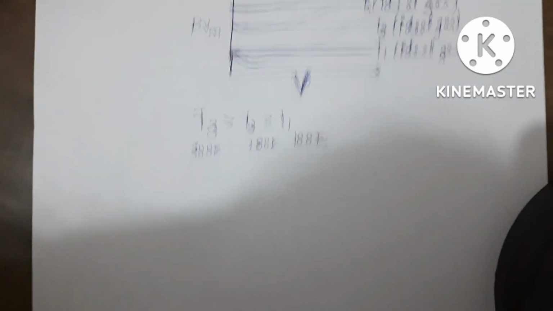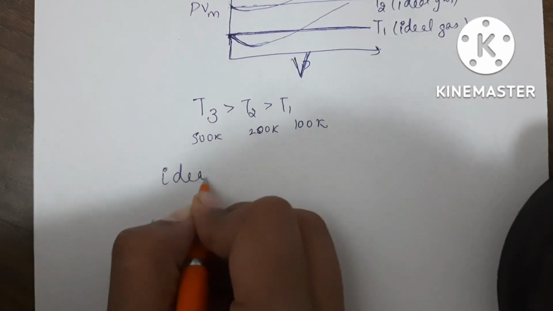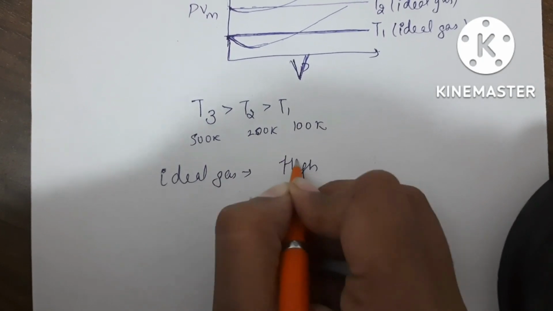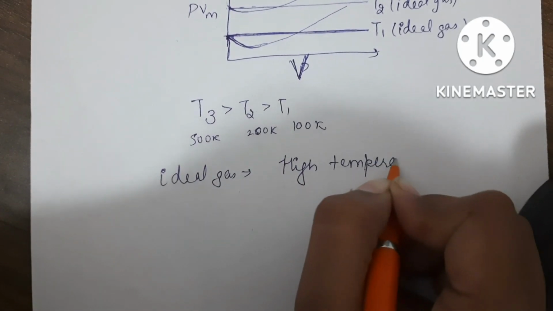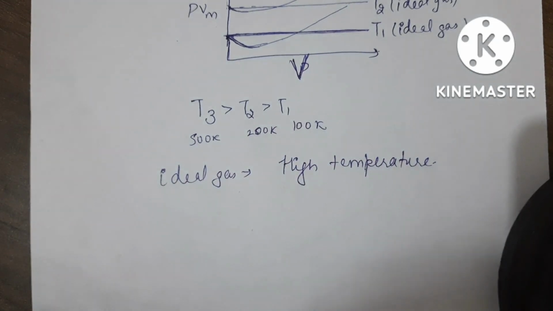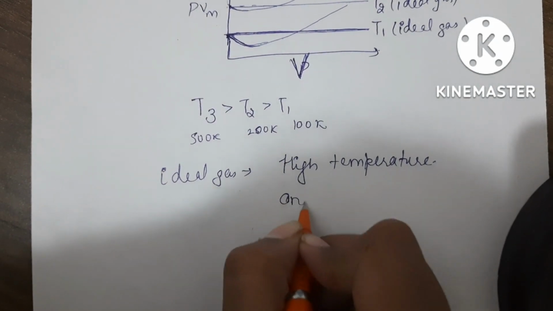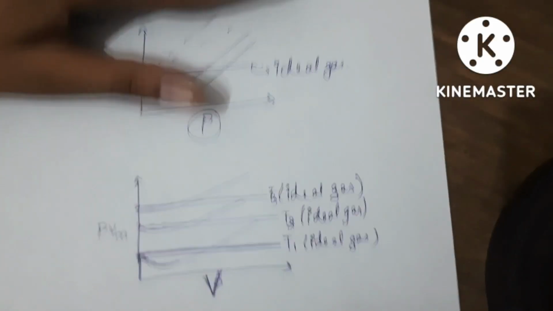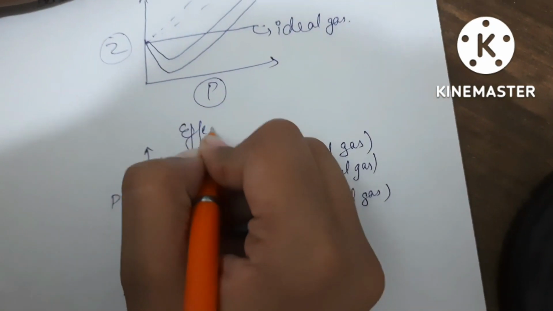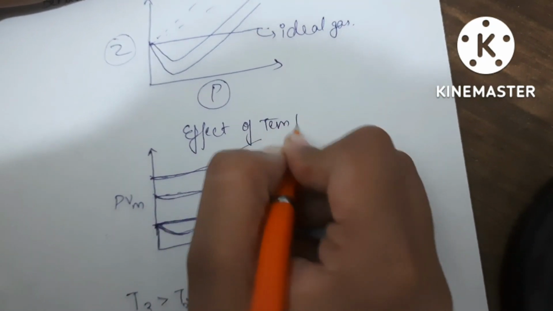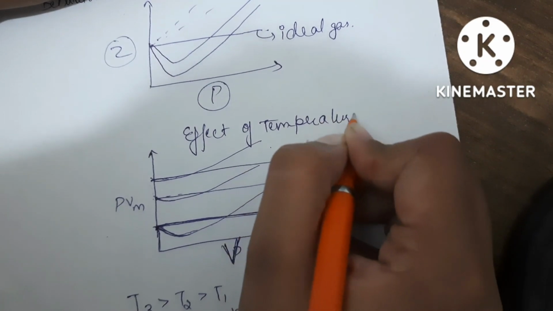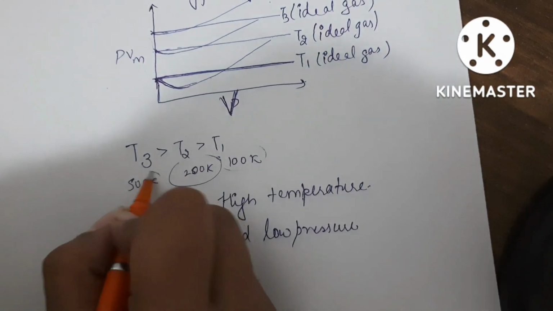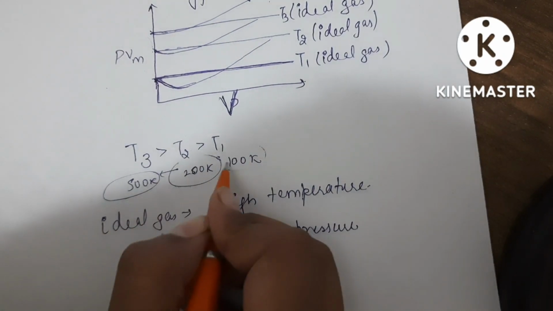I told you that gases behave ideally at higher temperature, because at higher temperature the kinetic energy of the molecules is very high, and at low pressure. So I am changing the temperature to assess its effect on PV versus V, going from 100 Kelvin to 200 Kelvin to 500 Kelvin, increasing the temperature.